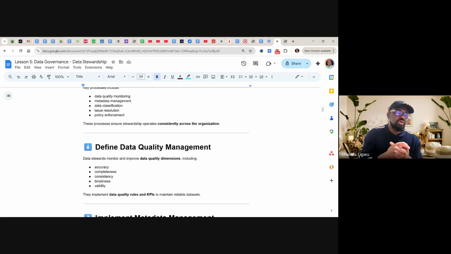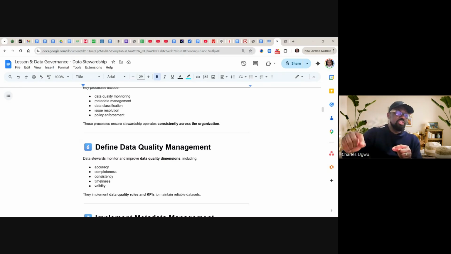The data steward monitors and improves data quality dimensions, which include accuracy, completeness, consistency, timeliness, and validity. As a data steward, you should know when data is accurate. You should know when data is complete. You should know when data is consistent or inconsistent.